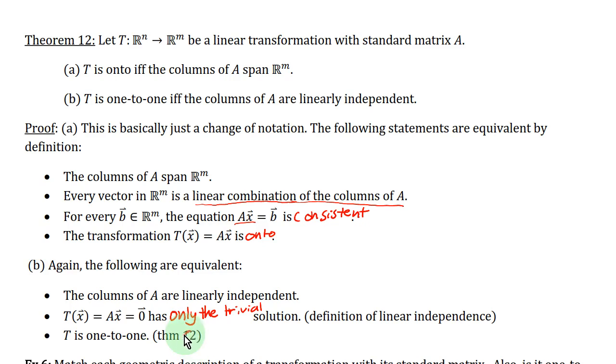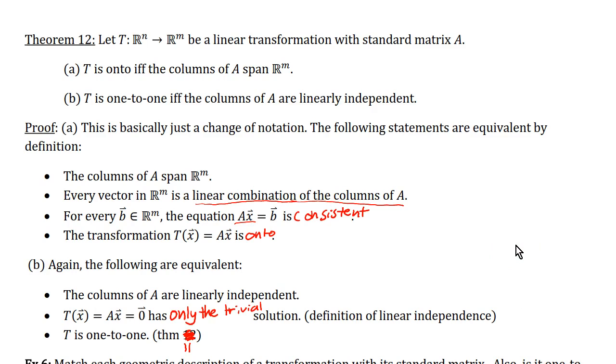That's what theorem 11 just said. This one's theorem 12. So that's why that makes it easier, I think, to think about when a linear transformation is onto and when it's one-to-one. You can kind of use this to translate it into terms you might be more familiar with. So this is definitely an important theorem to know.